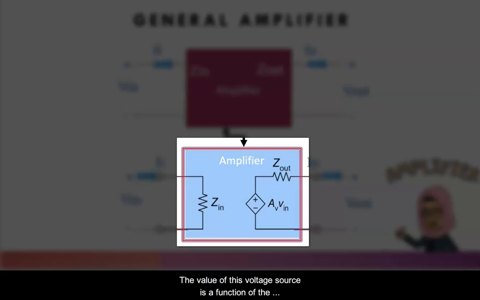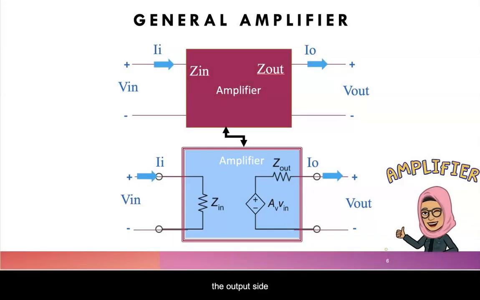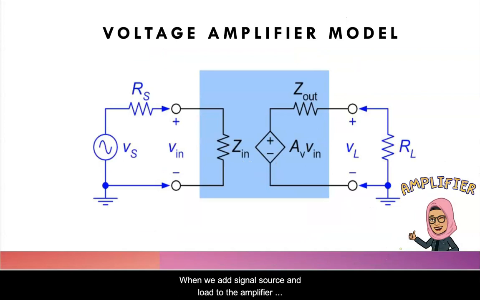The value of this voltage source is a function of the input voltage V-in and the voltage gain of the amplifier A_V. There is also input impedance Z-in that connects the input side, and output impedance Z-out that connects the voltage A_V V-in with the output side. When we add signal source and load to the amplifier model, the complete circuit will look like in this figure.